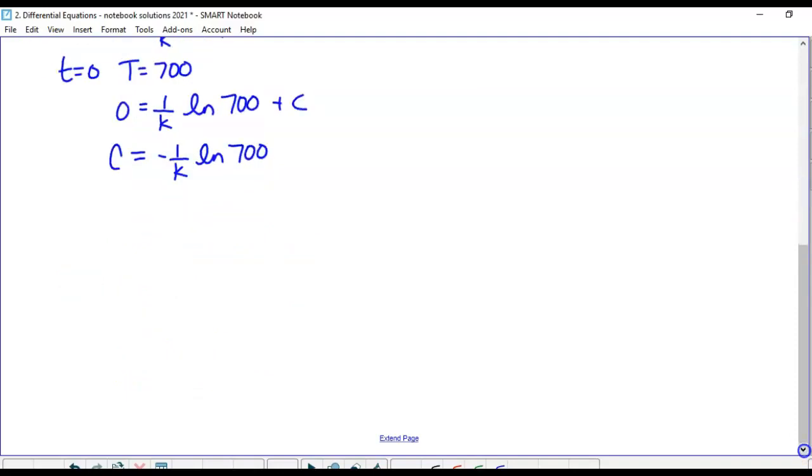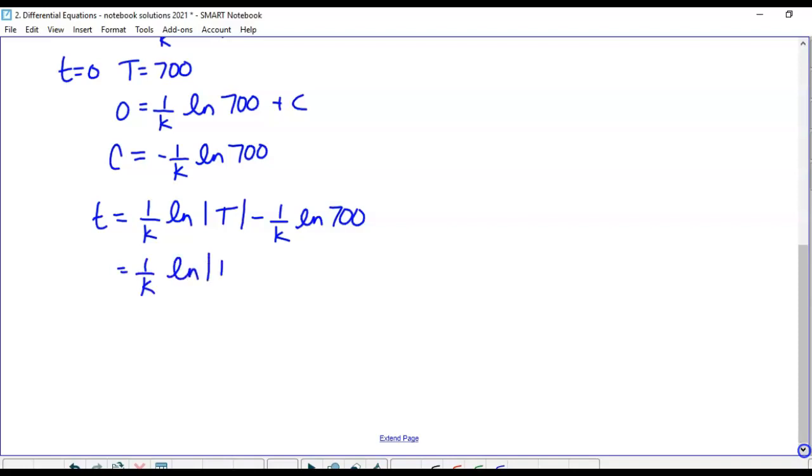And so we get t equals 1 over k ln of T minus 1 over k ln of 700. Now you could simplify this, right? You could factor out the 1 over k. That's ln of T minus ln of 700.